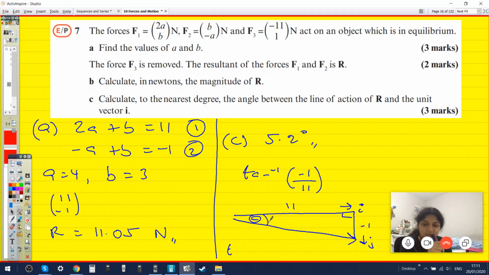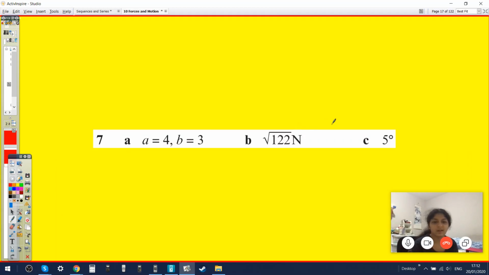Why did you do cos? Because we know what the hypotenuse is, and I is the adjacent one, so I just did cos. Oh, okay, so you did cos using the hypotenuse. Yeah. Use the ones that they give you, because you might get part A wrong. That's true. 5 degrees roughly. Yep, looks good.